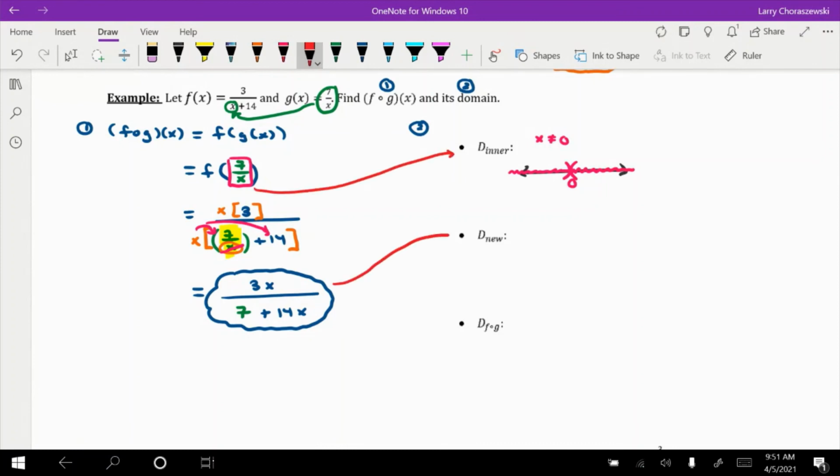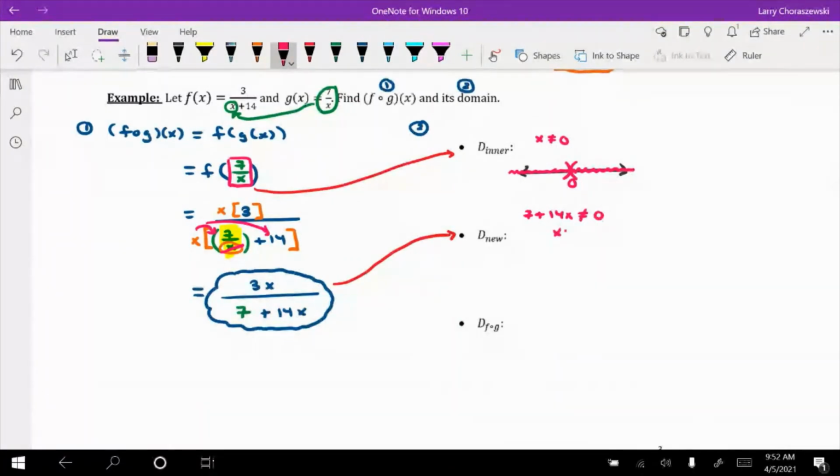Now our new function has a value of x that we shouldn't plug into it, but it's not 0 this time. Anybody have an idea as to what value of x we shouldn't plug into our expression from part 1? Almost. -1/2 actually. So we don't want 7 plus 14x to equal 0.